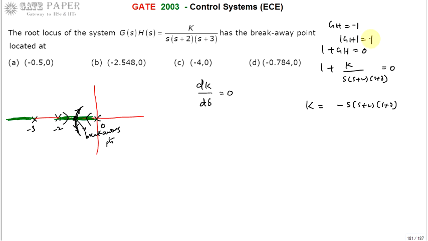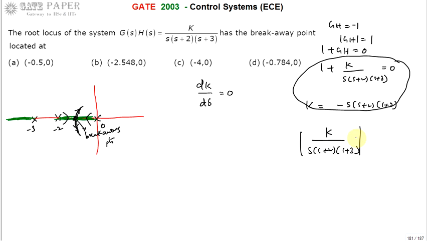Simply we use this equation: K/(s(s+2)(s+3)) = 1, so K = s(s+2)(s+3), and then we take dK/ds.